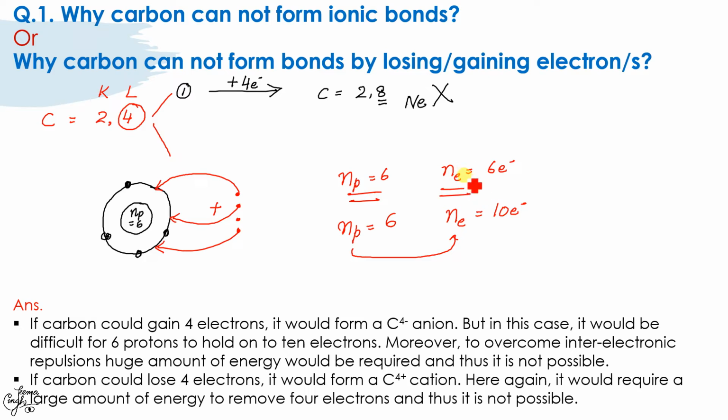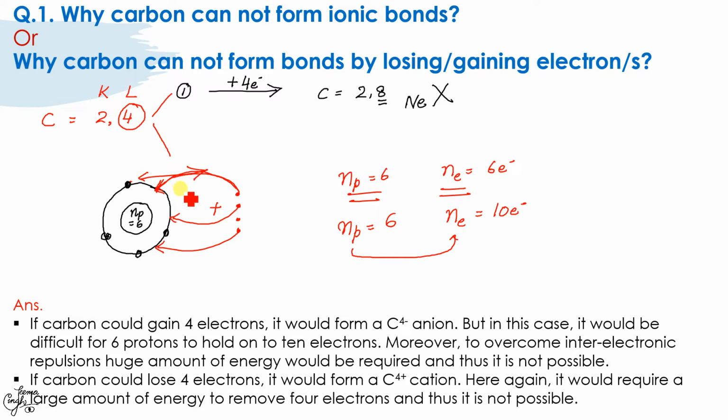So these electrons are held by positively charged nucleus, that is the positive charge of protons. Now the same number of protons have to hold greater number of electrons. That is very difficult. Also one more reason is there, which is not given in NCERT, that when electrons are going to come inside the same shell, these electrons and these electrons are going to repel.